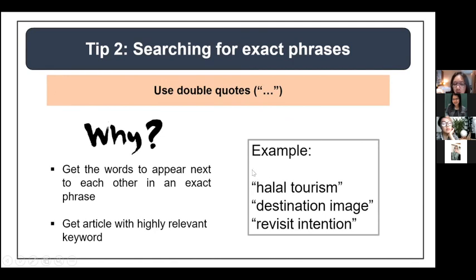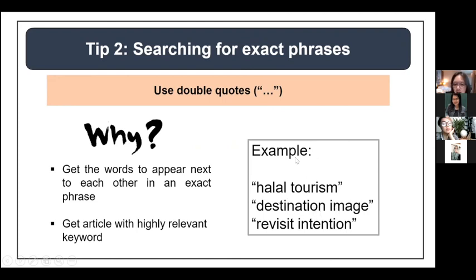Without using the quotation mark, you will get articles that discuss halal and also tourism. So if you want to get more highly relevant articles, with highly relevant keywords, make sure you include the double quotation. The same for the words destination image.